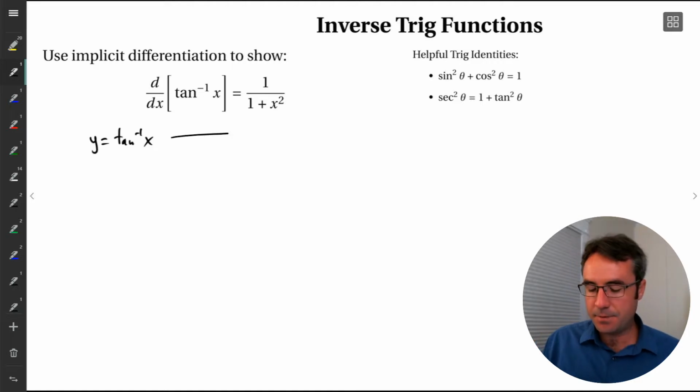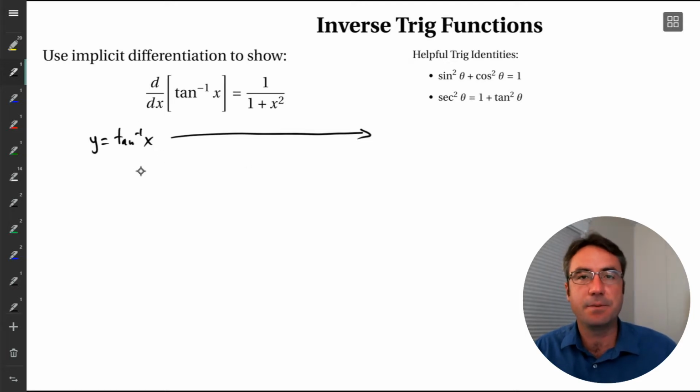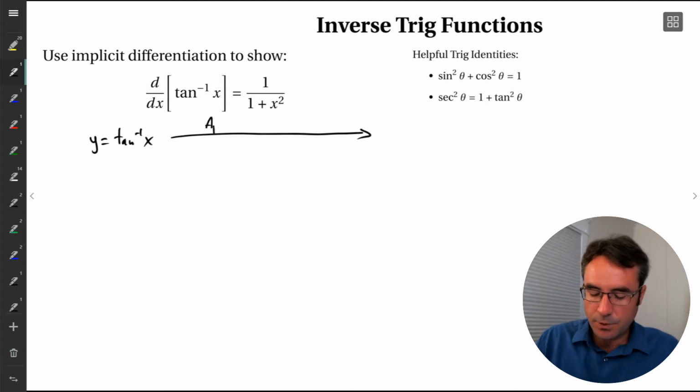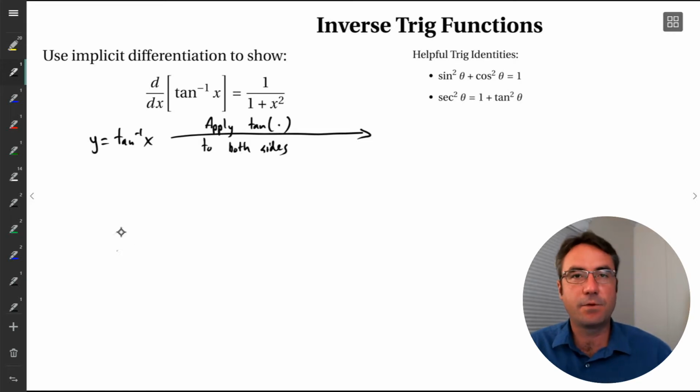And then from here, we're going to use our definition of what it means to be an inverse function, kind of use the cancellation property. So we're going to apply tangent to both sides of this equation, just like we did for the inverse sine.